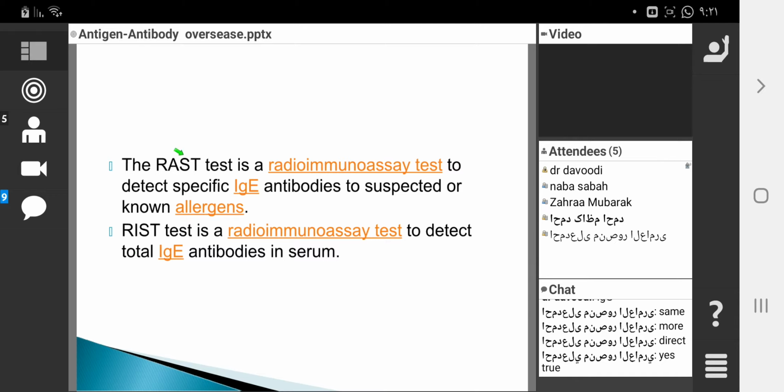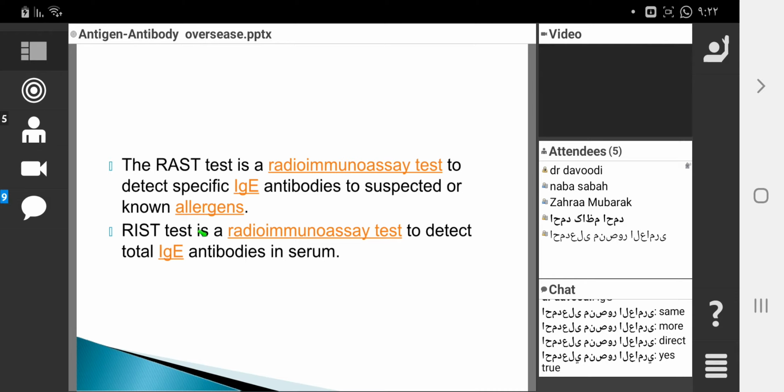The RAST test is a test used for detection of specific IgE antibody to a suspected or known allergen. So the RAST, or radioimmunoassay test, is performed to detect a specific IgE against a known allergen.